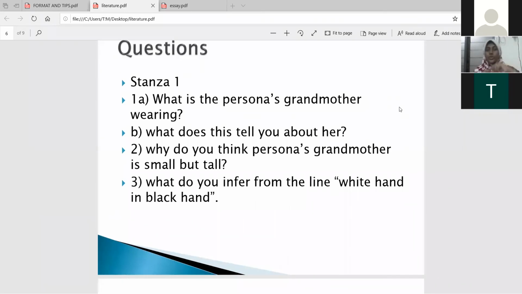Right, so you have to understand that, but do not worry, they will provide you the poem in the exam paper, right? So there will be three things that you have to describe: the white shirt, and then her pleated skirt, and also her flat shoes. All right, so you get 1 mark there. Okay, what does this tell you about her?